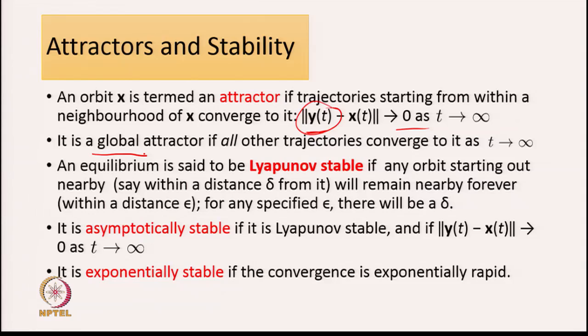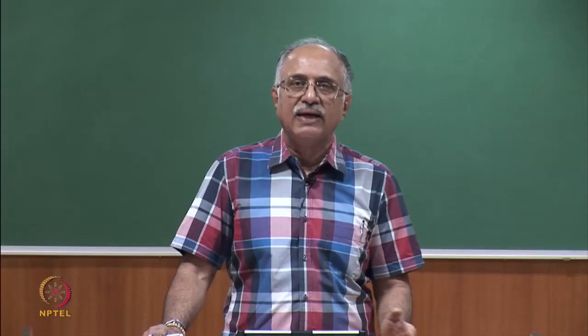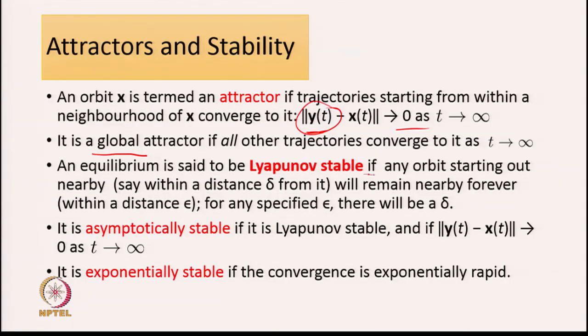Now, as far as stability is concerned, let us just discuss the stability of an equilibrium point. An equilibrium point is said to be Lyapunov stable, or stable in the sense of Lyapunov, if any orbit starting out nearby, let us say within a distance of delta from this particular equilibrium point, will remain nearby forever within some distance epsilon, and for any specified epsilon there will be some delta.